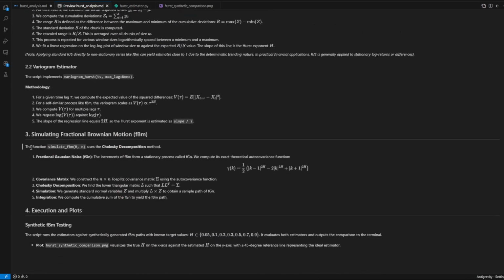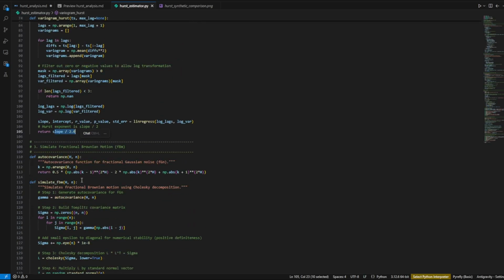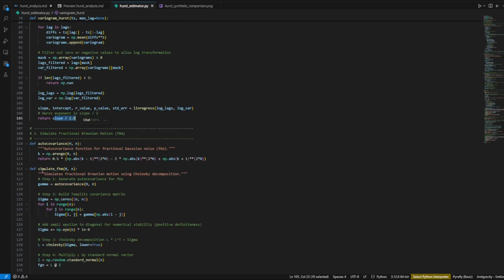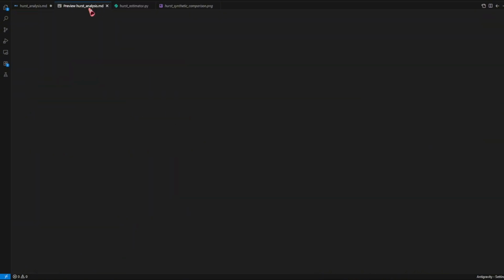And then we will simulate the fractional Brownian motion using this function. The first step is we generate the autocovariance, and then we build the Toeplitz covariance matrix.